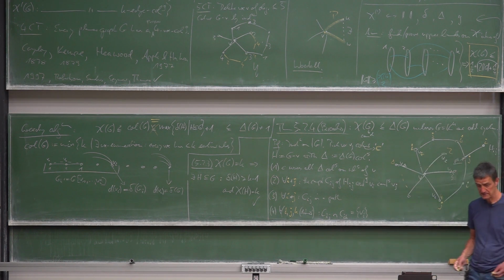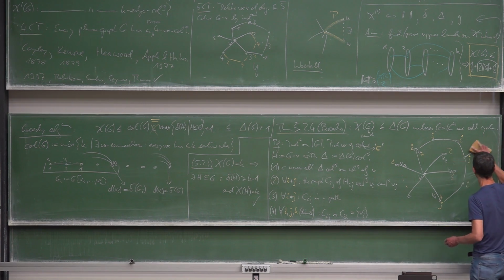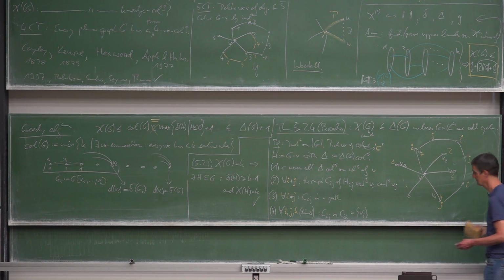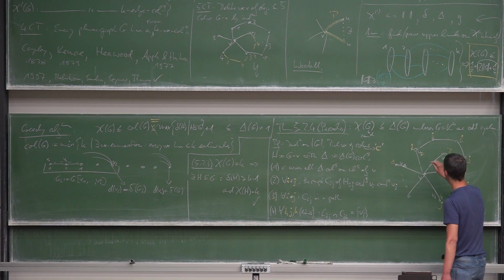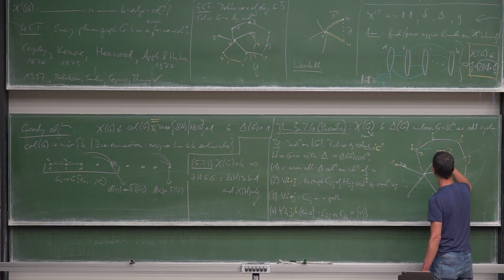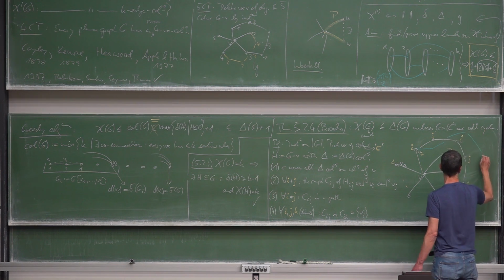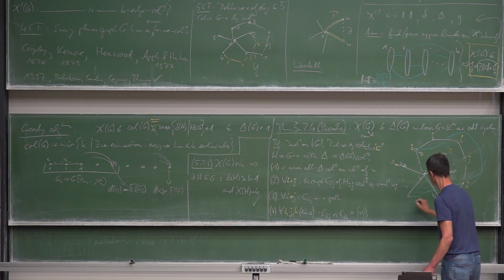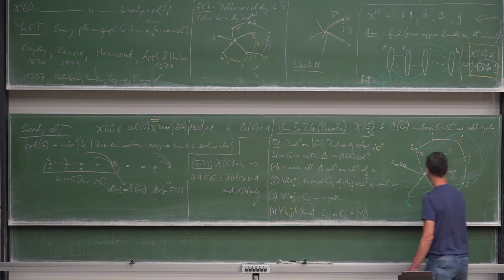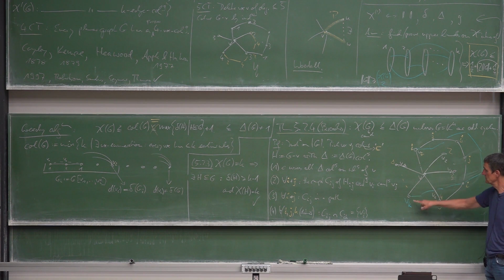Same argument. So let's now start at i again. And let's look at the path from Vi to Vk, this path here.